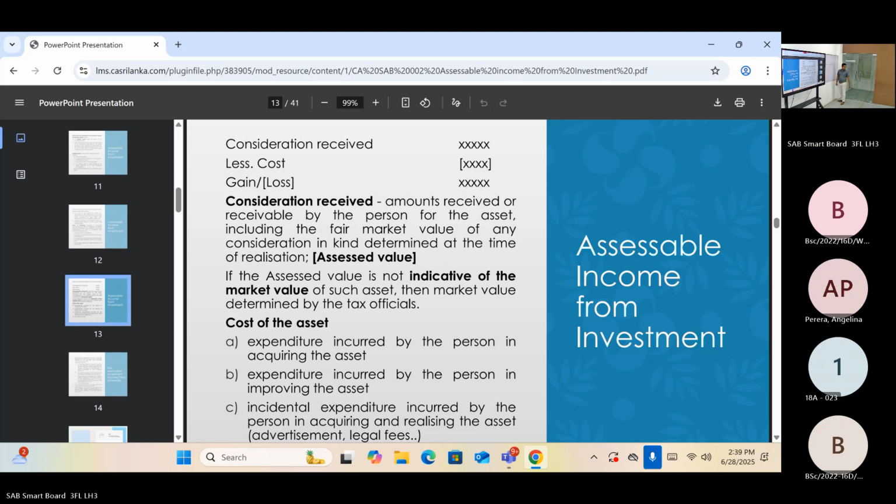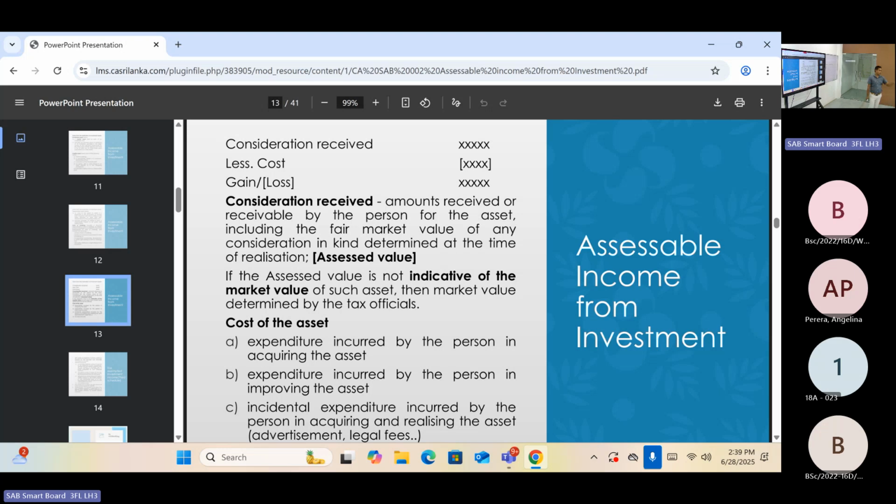As of that day, market value is the amount which we need to consider as cost of the asset.